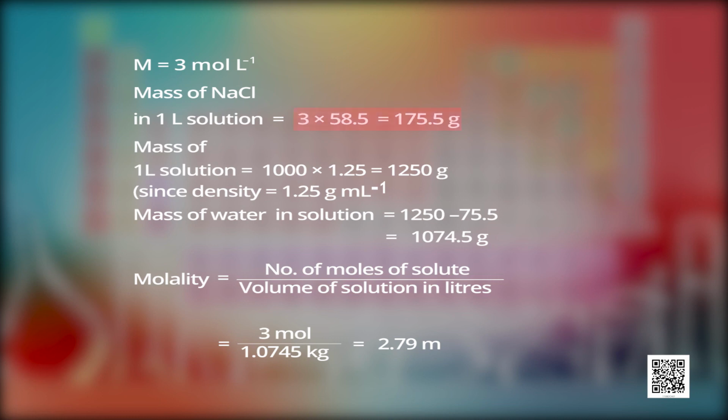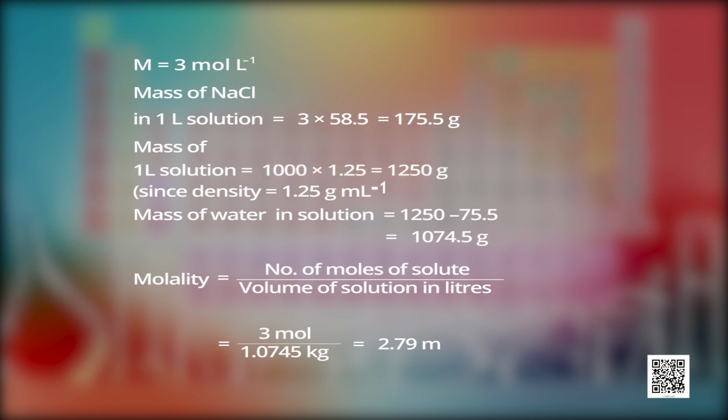Now, from where has this 58.5 come? Yes, you have calculated the formula mass. It will be equal to 175.5 gram. Mass of 1 liter solution is equal to 1000 into 1.25, which will be 1250 gram.